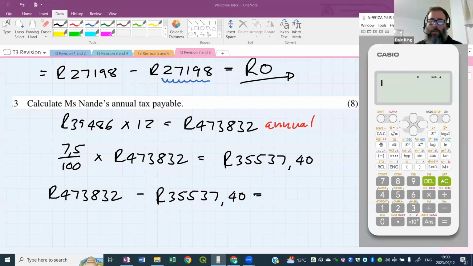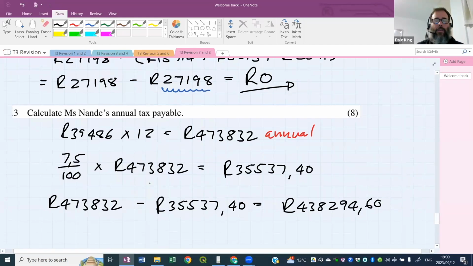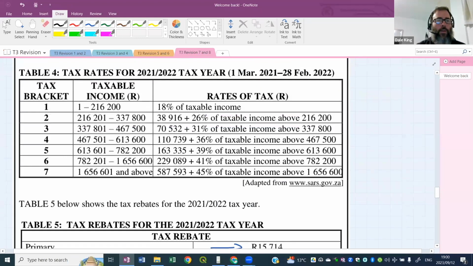So I'm going to say 473,832 minus 35,537.4. All right, that gives us 438,294.6. All right, Ben. Yes, so that's the right one. So which bracket are we going to go to?